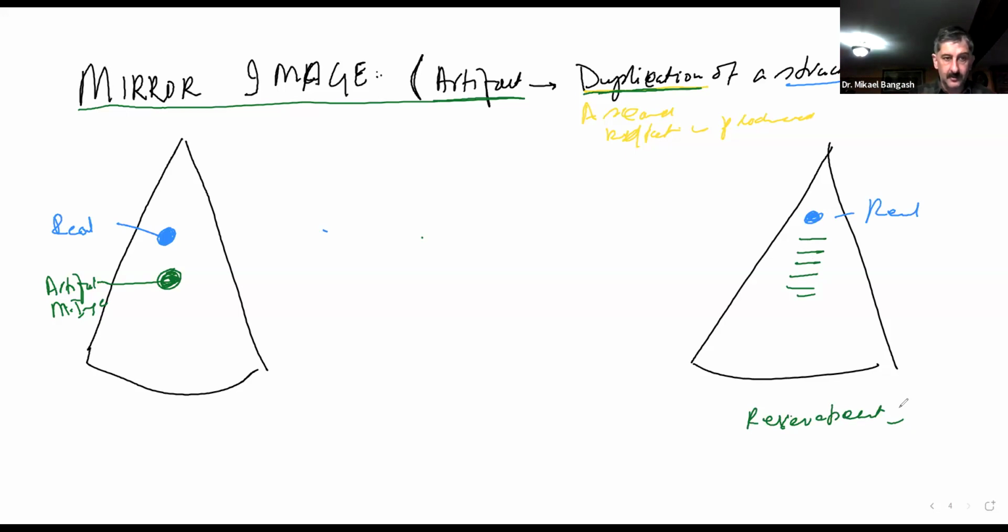Because in this case, this real structure here, this one was the one that was a strong reflector.